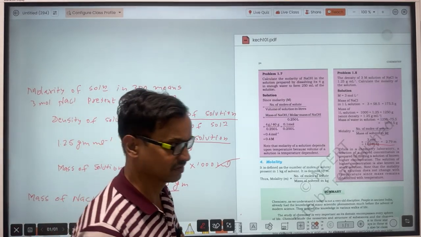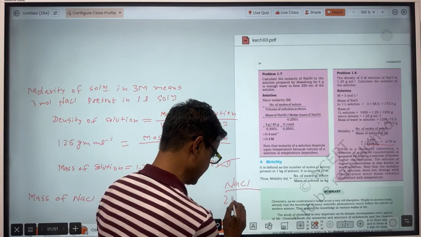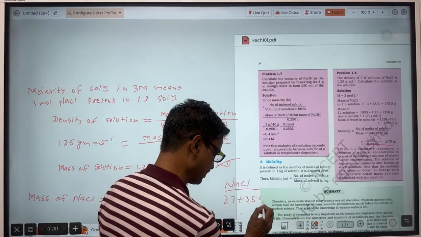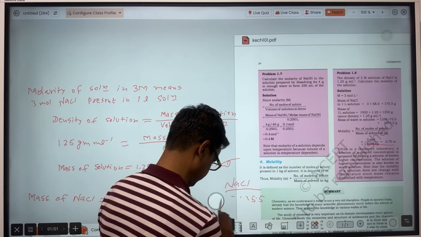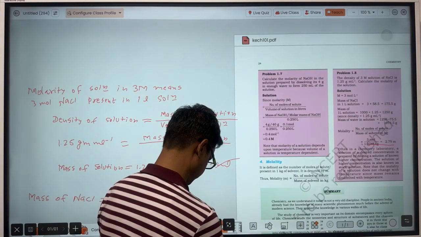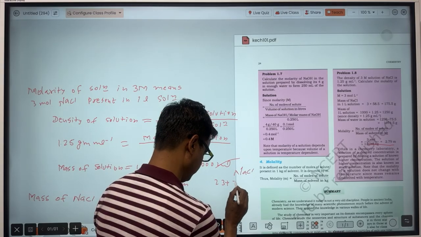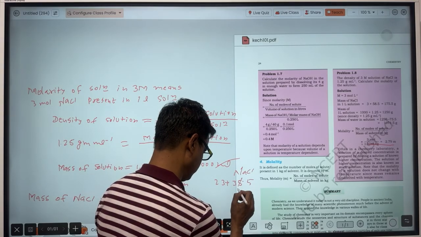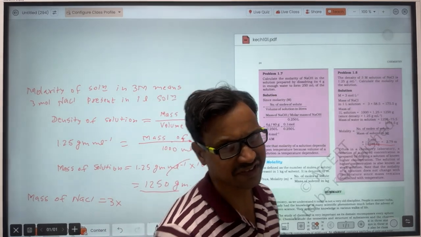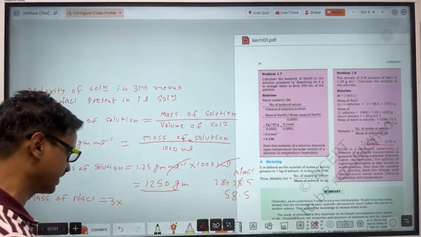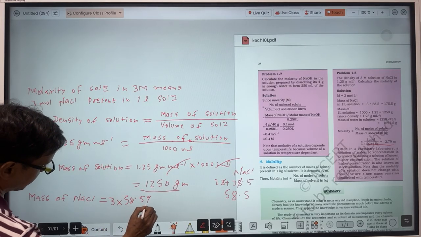And how to find the molecular weight of NaCl? For NaCl it is 23 and 35.5, so that means 58.5. So 58.5 gram, 3 into 58.5, that much gram.